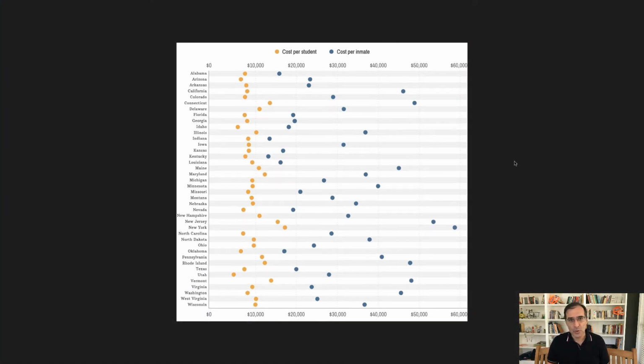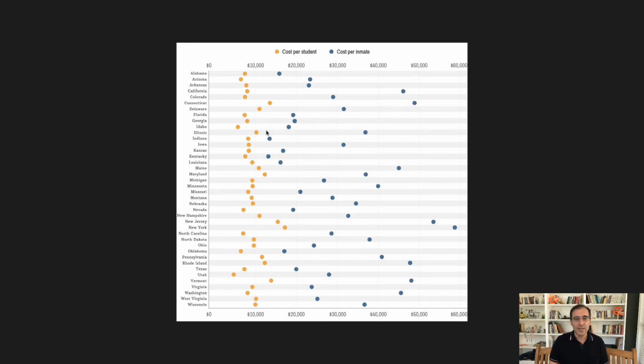Now here's another example chart. This very easily shows you the cost to the state per student versus per inmate. First of all, you immediately notice that students actually cost less. It's better to keep students in schools than in jail. And then you can see the difference.